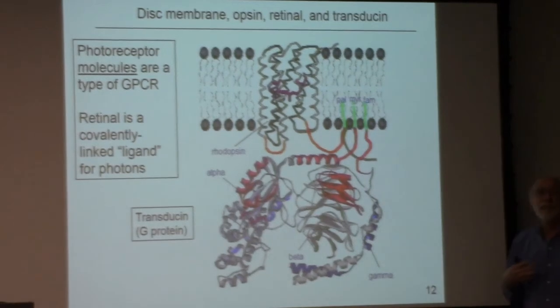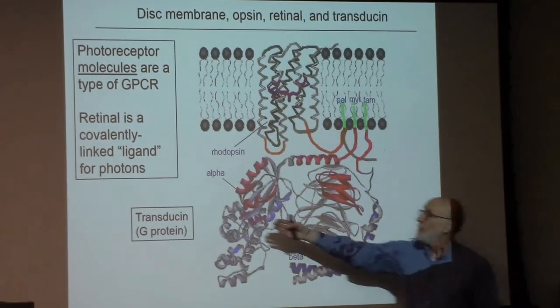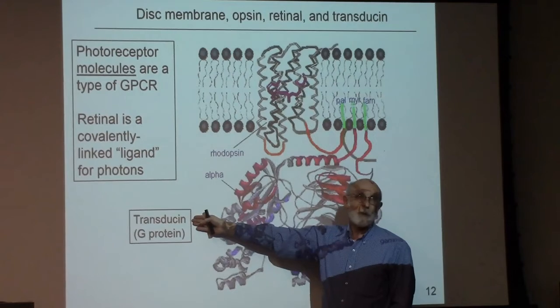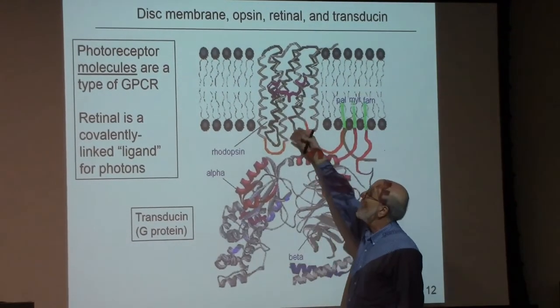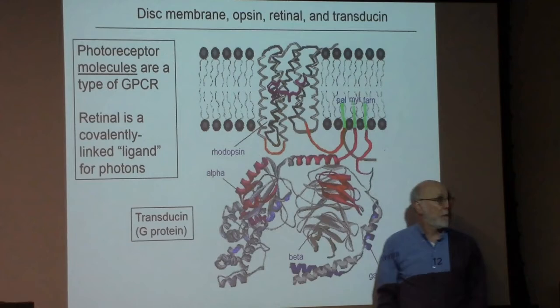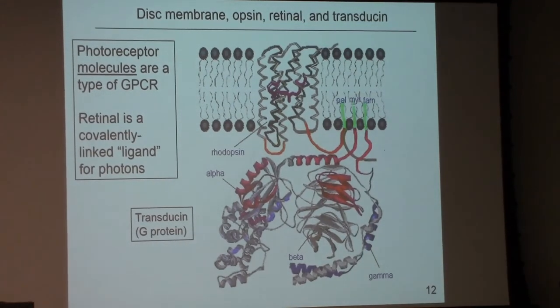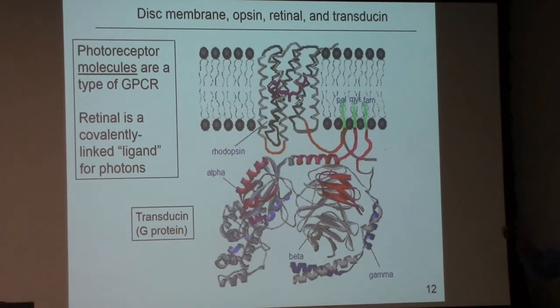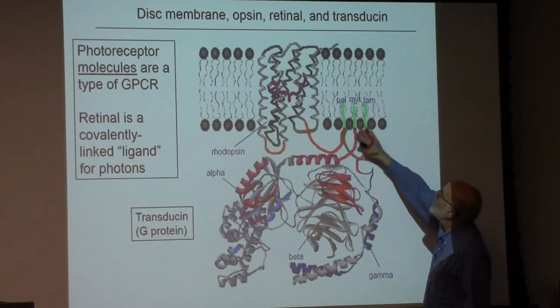In the visual system, the G protein has a name, and it's called transducin. Transducin is the name of the G protein. In this case, opsin is the name of the receptor, and if we're talking about a rod, we're talking about rhodopsin. Palmitate, myristate, farnesylate.